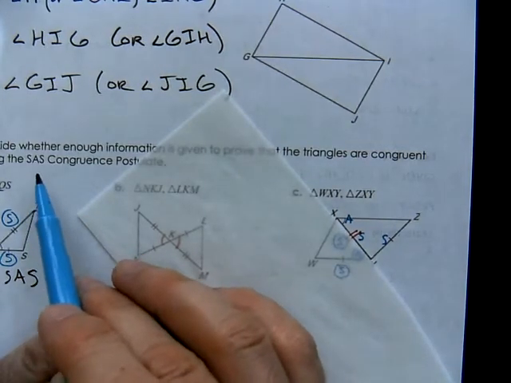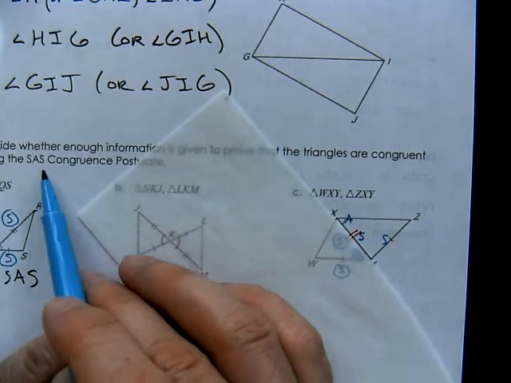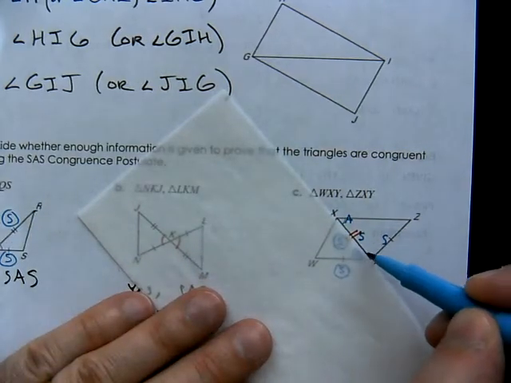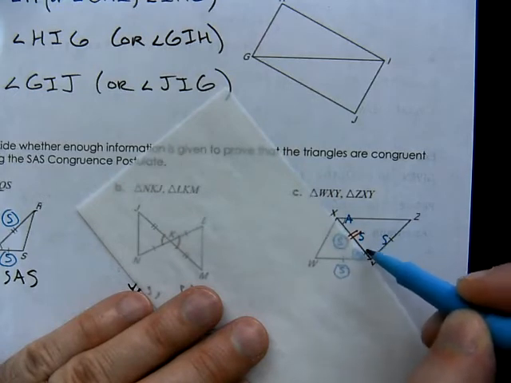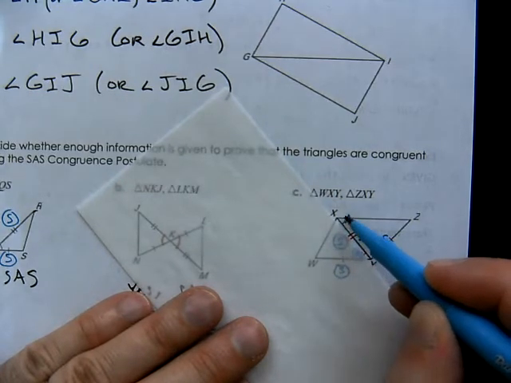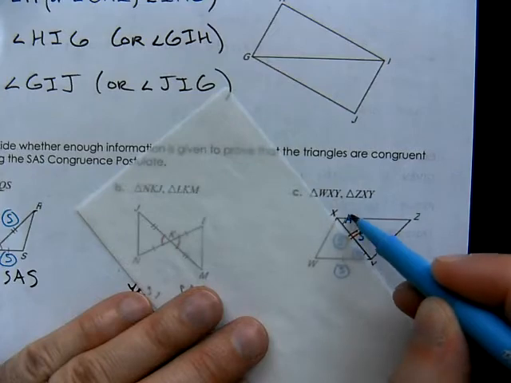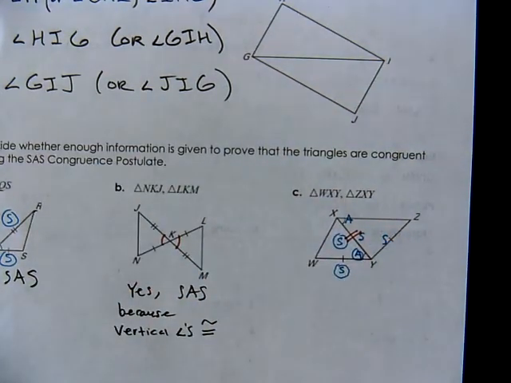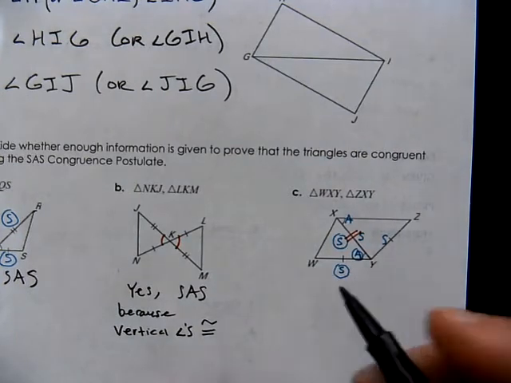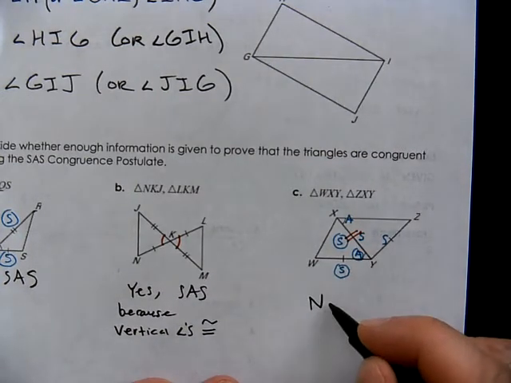We want the angle in between the two sides, the side-angle-side, and this is the included angle down here at Y. But that's not the one that's marked. The one that's marked is a non-included angle out here at angle X. That's not the pattern we're looking for, is it? No, it's not. So we would have to say no.